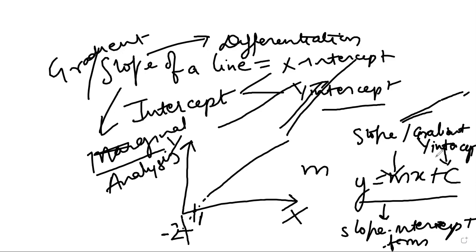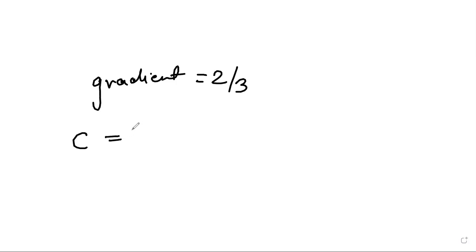Now let us do a question before we finally wind up the lecture. Suppose there is a question which says the gradient is given to you and the gradient is 2 upon 3, and c, that is the y-intercept, is also given to you as minus 4.